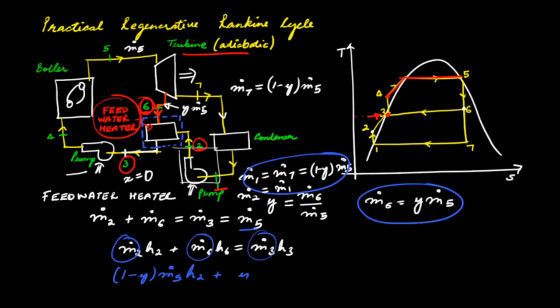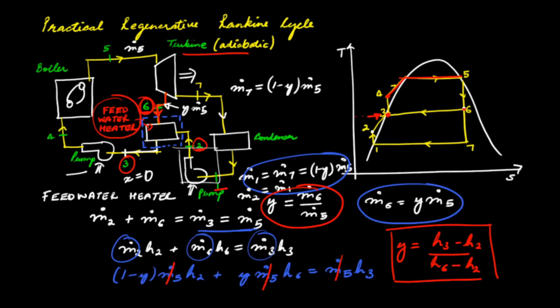Then m dot 6 is y times m dot 5, and m dot 3 is equal to m dot 5. So m dot 5 cancels out and we can solve for y, and we'll get y is equal to (H3 minus H2) over (H6 minus H2).